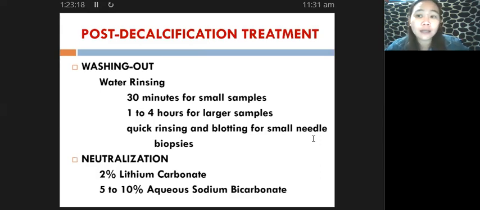For the neutralization of your acids, we make use of alkaline or basic solutions.